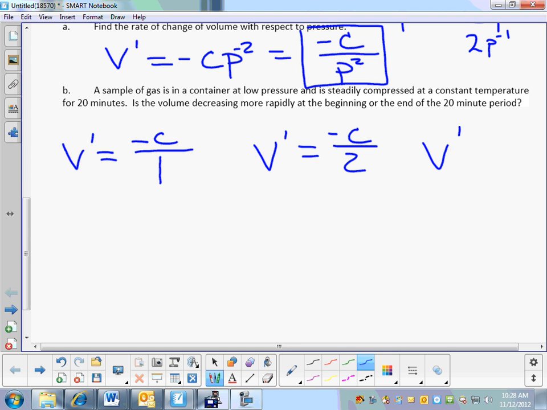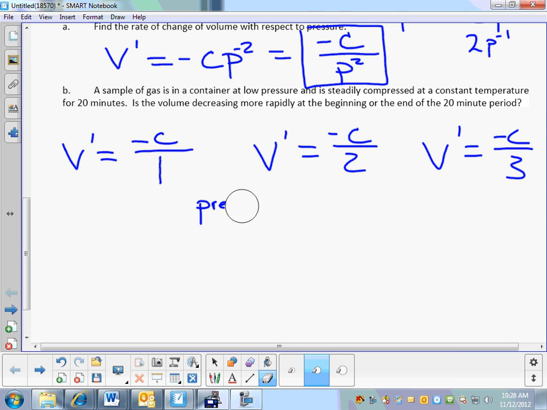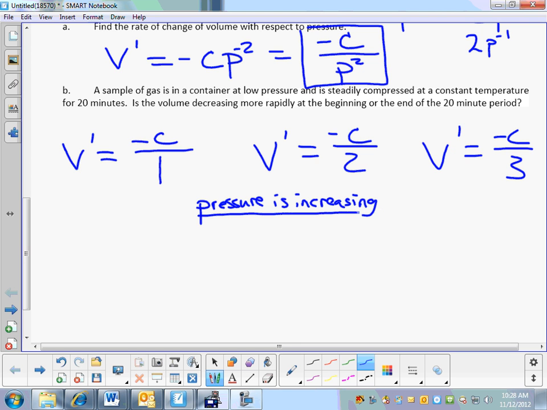Let's say even later, we have negative C over 3. Does everybody see that the pressure is increasing?